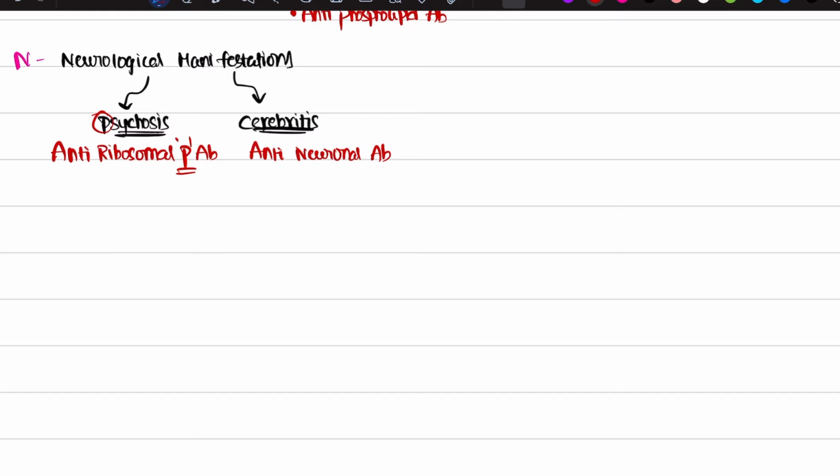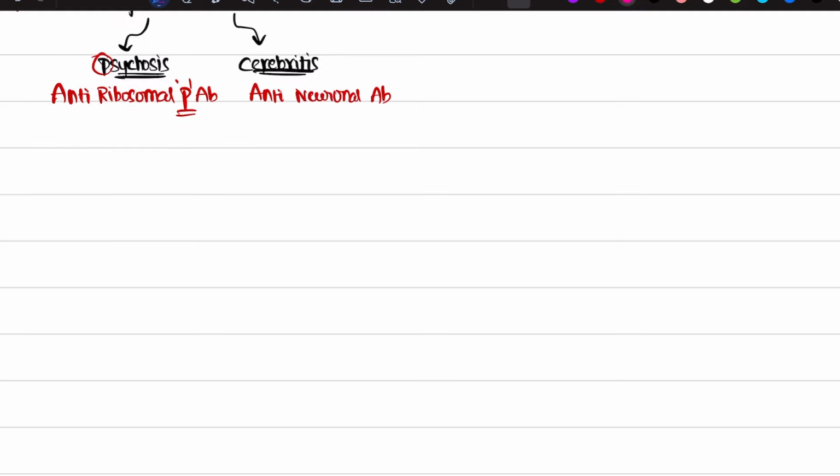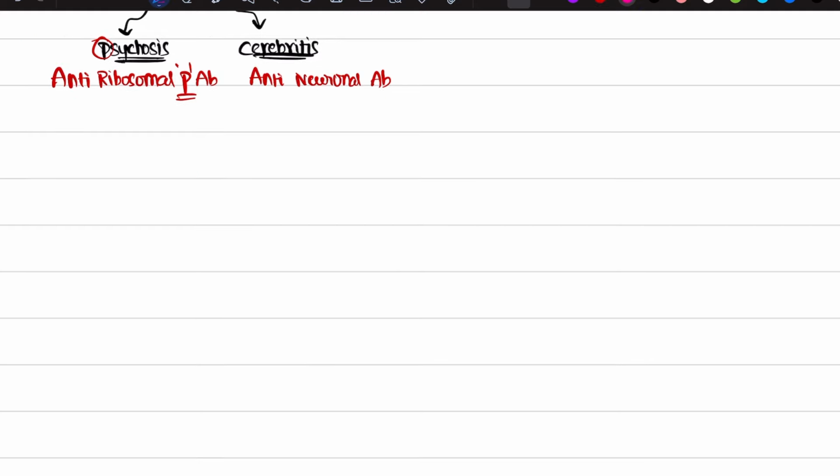Next we are going to enter the model, MODEL. What does this model stand for? The first letter is M. This is the most famous one. Whenever we say SLE, everyone knows about this: a rash around the face.